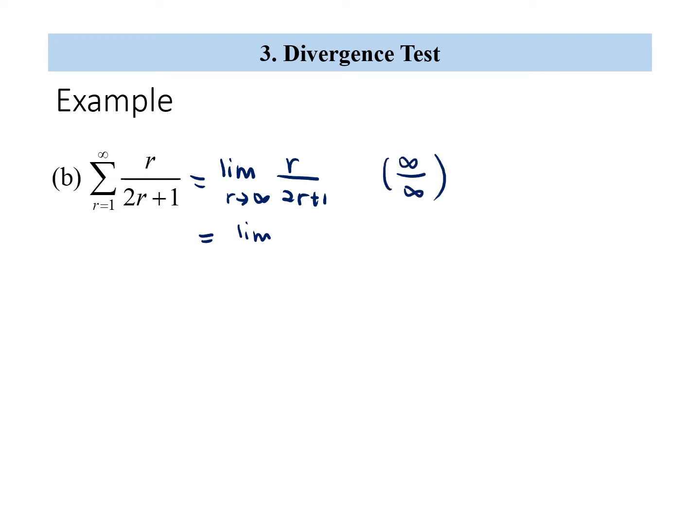So we apply L'Hopital's rule here. So this becomes 1 over 2. So our limit is equal to half. So it is the same, where it is not equal to 0. So the series diverges.